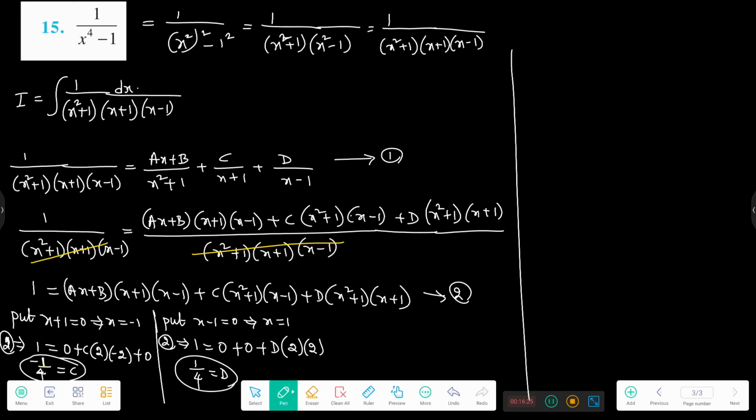Right, listen. So let's equate the coefficient of x cube. There is no x cube term on the left hand side, so the left hand side is 0. Be careful. Here we have ax, along with ax you have to go. Ax into x, ax square. Ax square into x, ax cube.